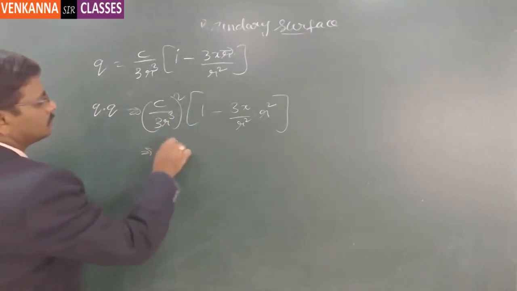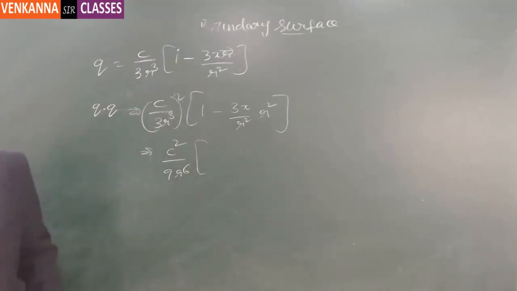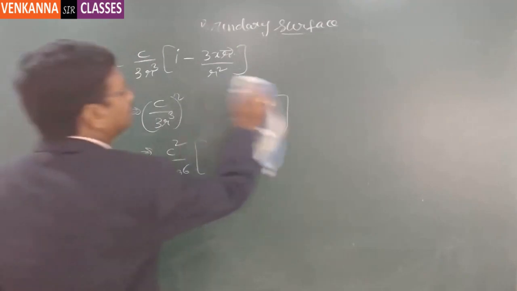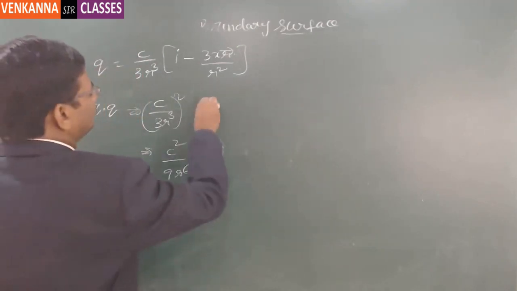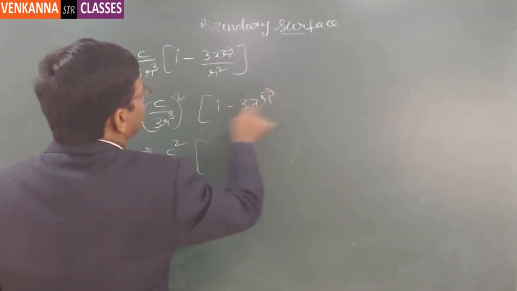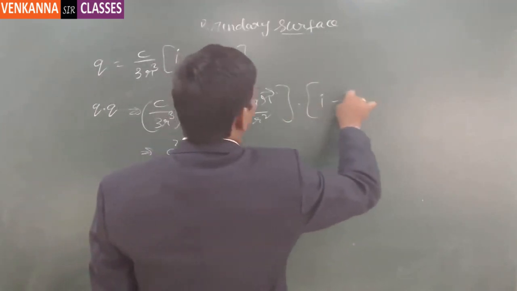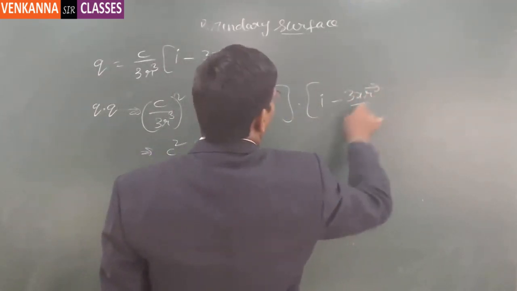So this is c square by 9 r power 6, then 1 minus 3xr bar by r square dot product with i minus 3xr bar by r square.